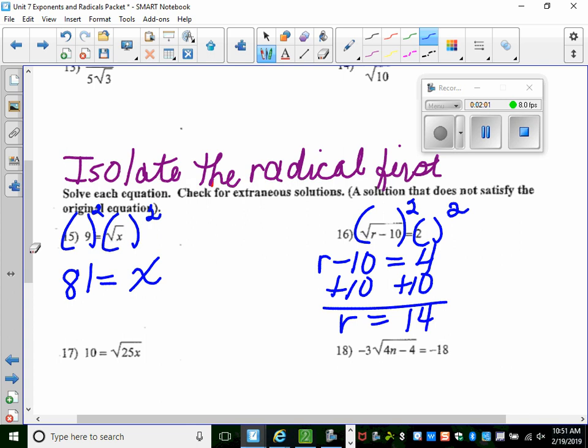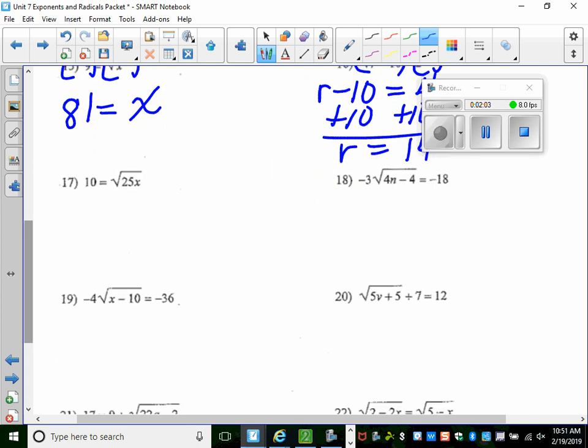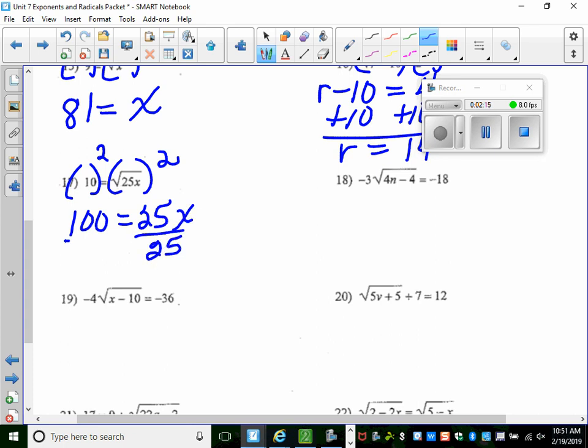Okay, moving on down to number 17, same thing. First step is already done. Square both sides. We have 100 equals 25x. Divide by 25. So x equals 4. So those three, first step was already done.